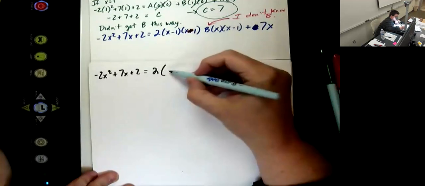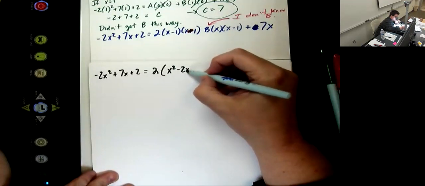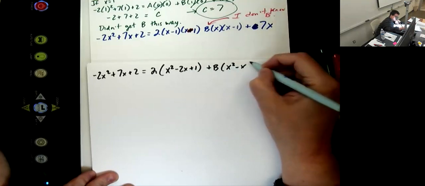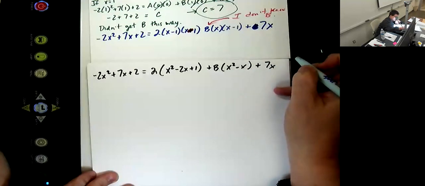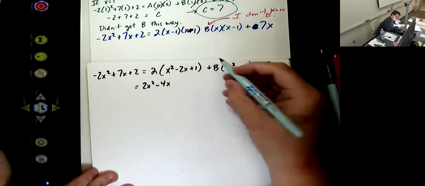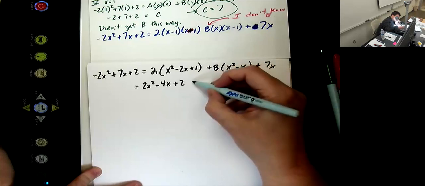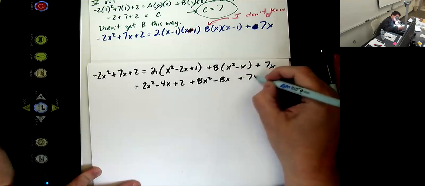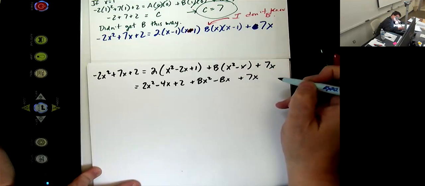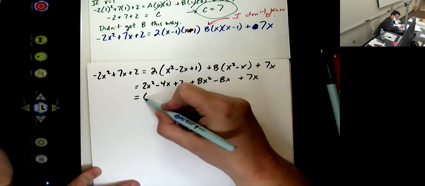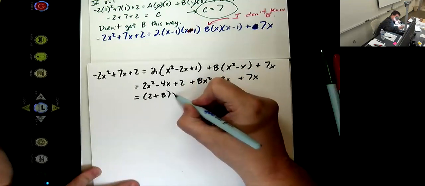This is 2 times x squared minus 2x plus 1 plus b times x squared minus x plus 7x, which equals 2x squared minus 4x plus 2 plus bx squared minus bx plus 7x. And if I gather my terms by x squared, I have 2 plus b x squared.